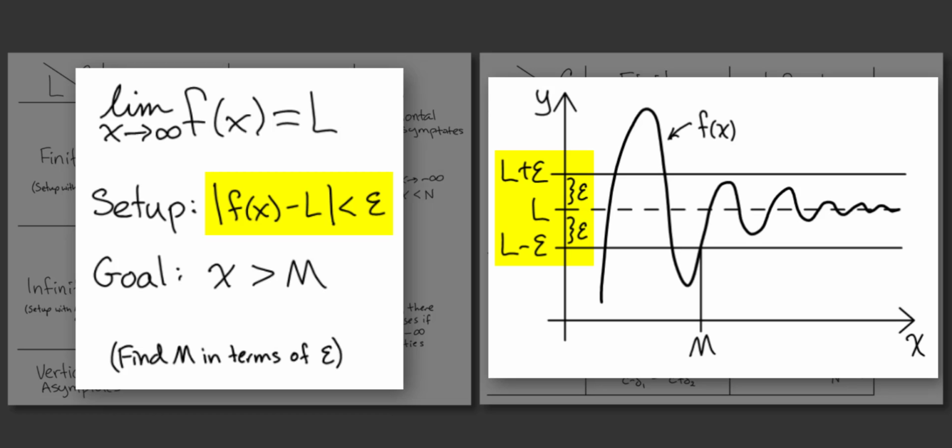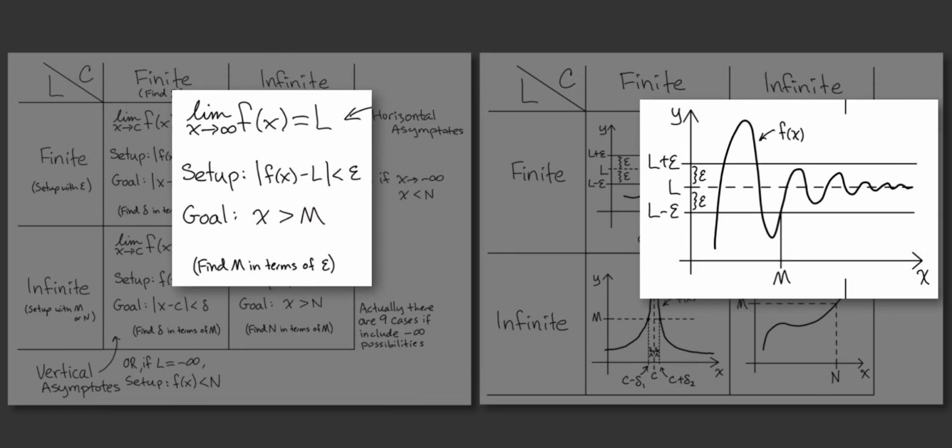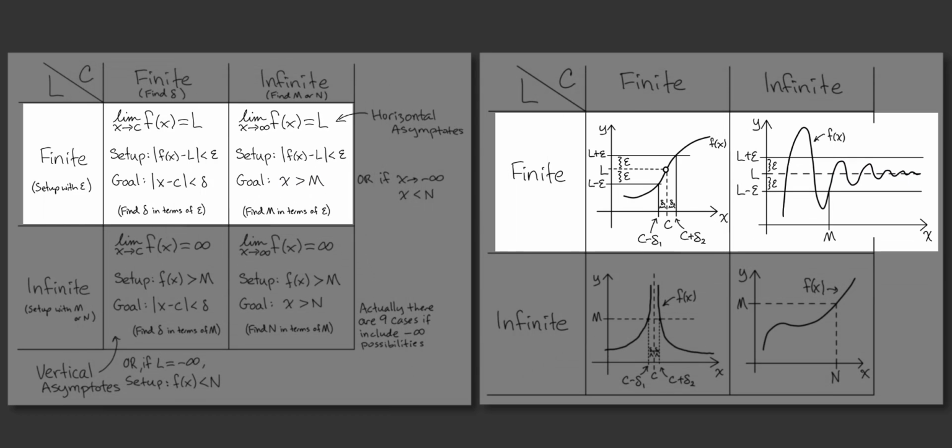That's because we have a finite limit. It's finite in the y direction. So our setup is the same. The absolute value of f of x minus L is less than epsilon. But now our goal is to find m so that all x's greater than m will produce y values within the allowed error. So a finite limit is when we have epsilon.